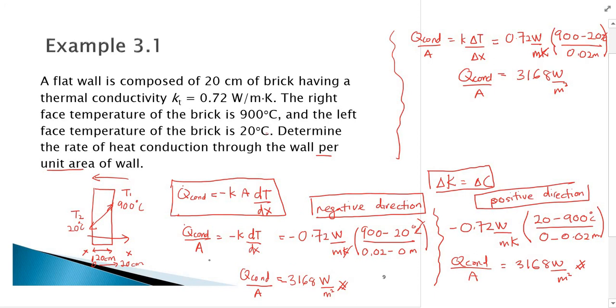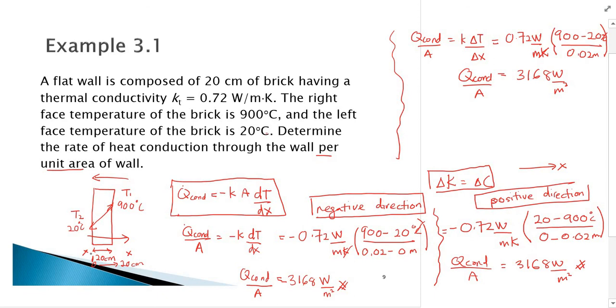So if you want to do the same example in the positive direction, same thing, you plug in. Here, positive direction is to your x positive direction. So 20 minus 900, over 0 minus 0.02 meters.